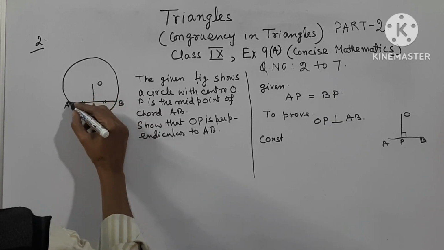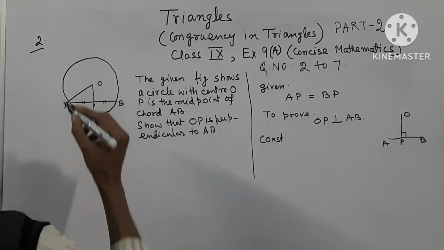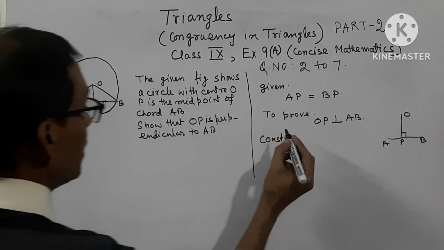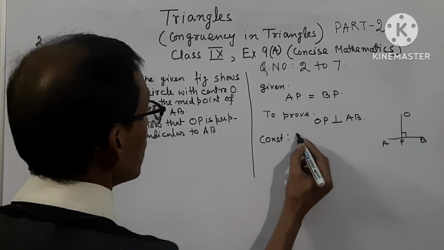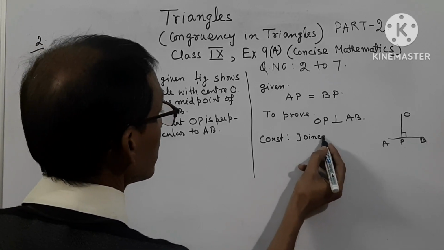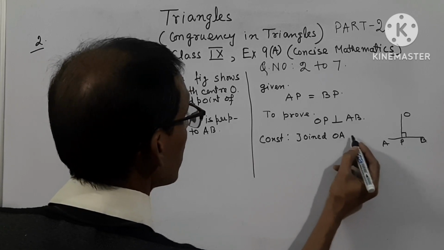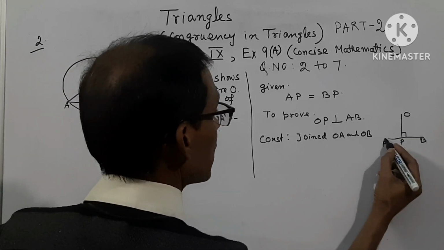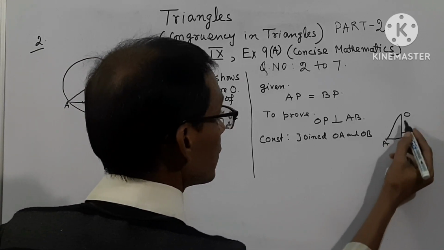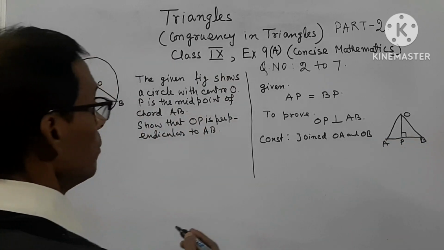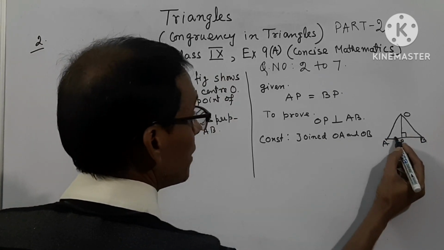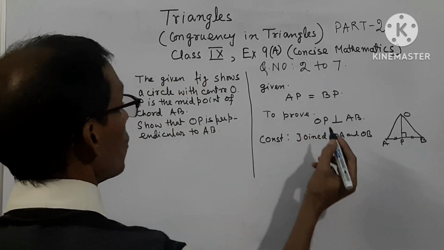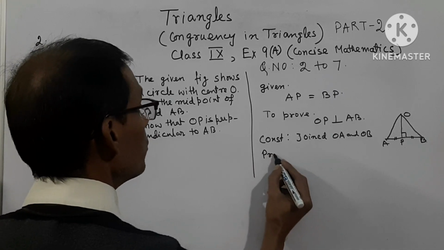You have to join O to A and O to B. Construction: join OA and OB. It is given AP equal to BP. Now you have to give the proof.